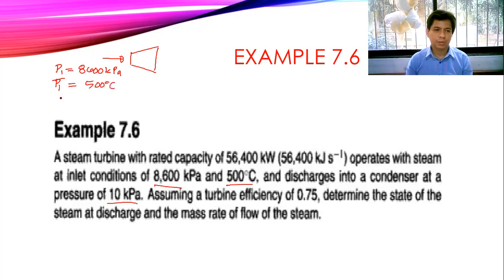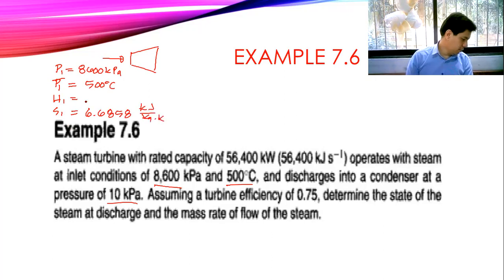So just use your steam table and try to find H1 and S1. S1 is 6.6858 kilojoules per kilogram Kelvin. Then H1 from the steam table is 3,391.6.